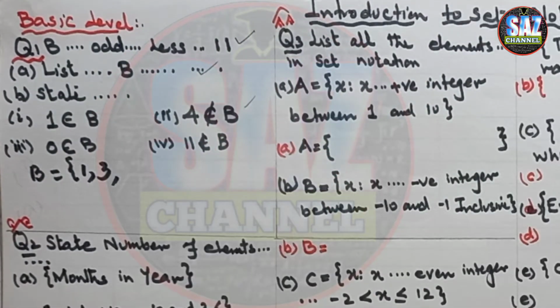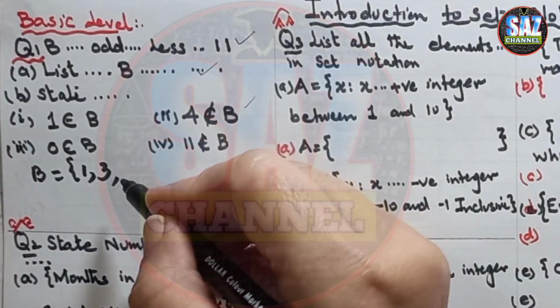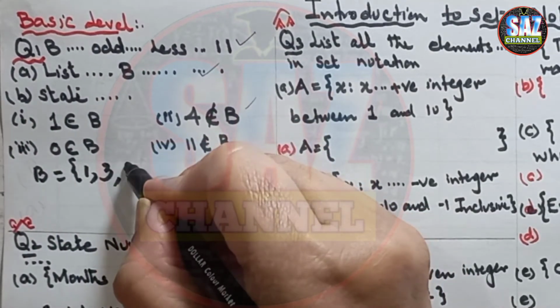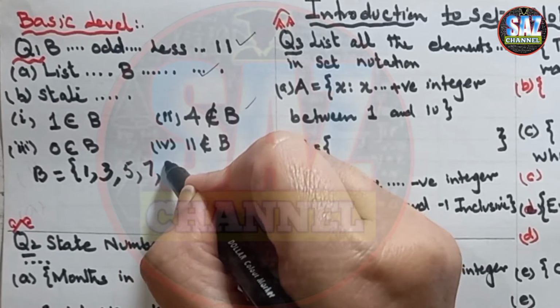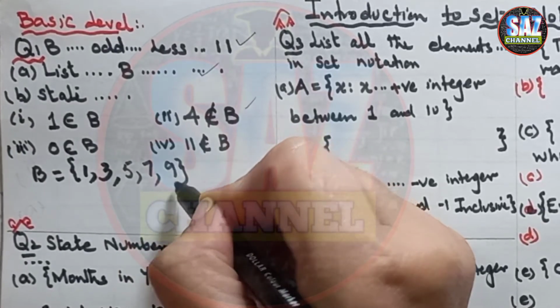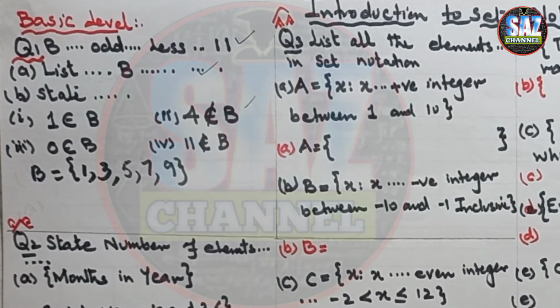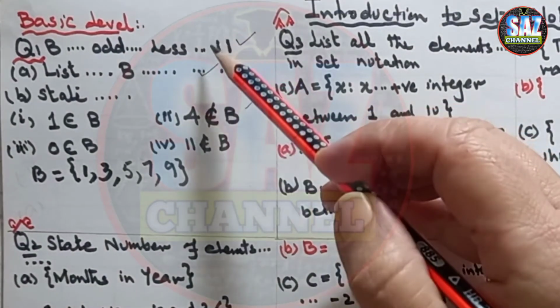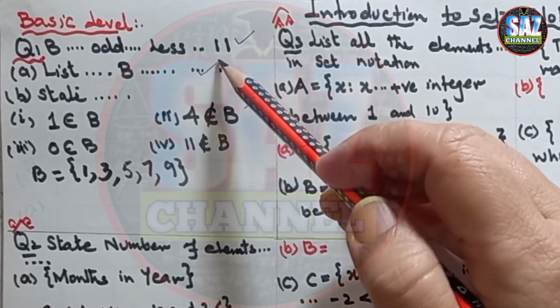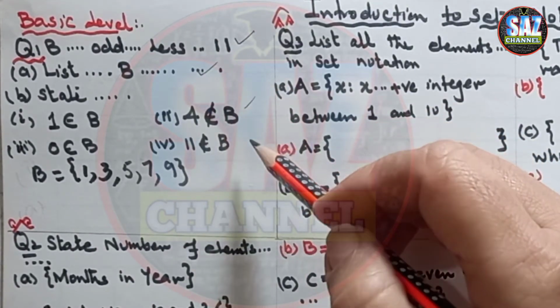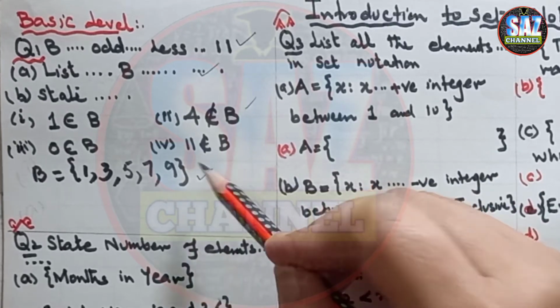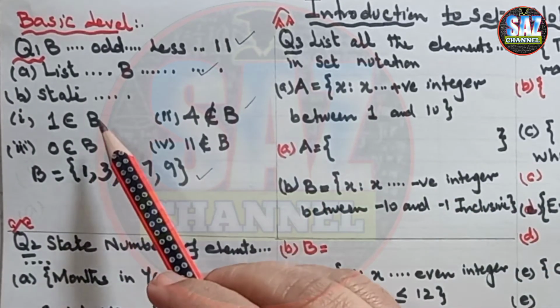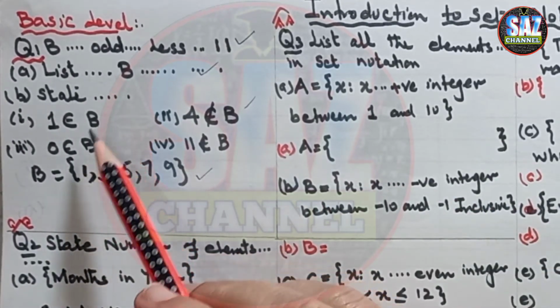So the numbers that will be coming in set B are 1, 3, 5, 7 and 9. I hope you are clear why we are writing 1, 3, 5, 7 and 9, and why we're not taking 11, because the question says that the set has to contain the elements which are less than 11. Now look at this set, and then we have to answer these questions.